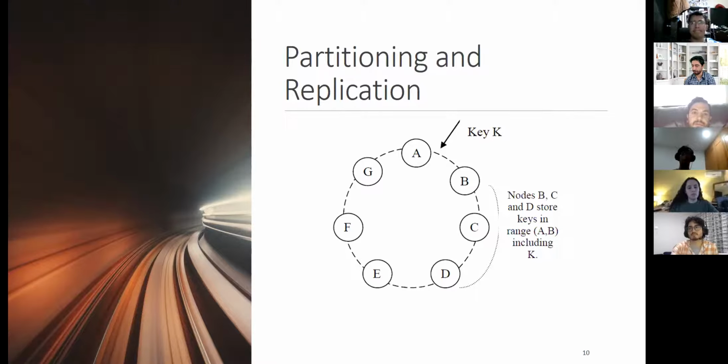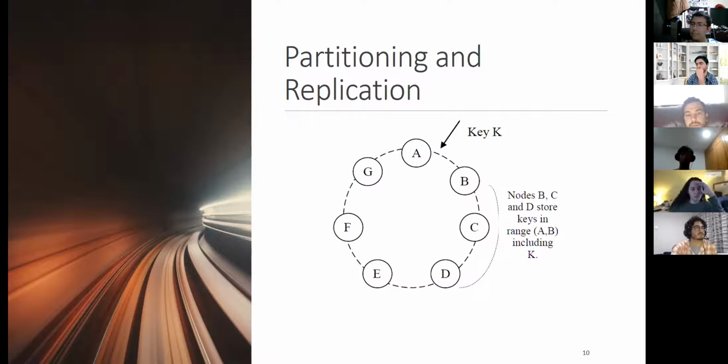The main advantage of using virtual nodes is that if a node becomes unavailable, the load handled by the node is evenly dispersed across the remaining available nodes. And when a node becomes available again, or a new node has been added to the system, the newly available node accepts a roughly equivalent amount of load from each of the other available nodes.